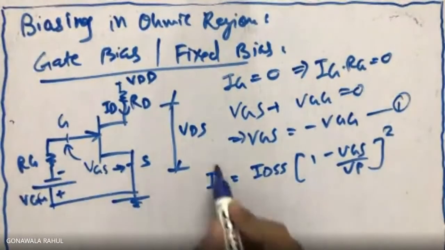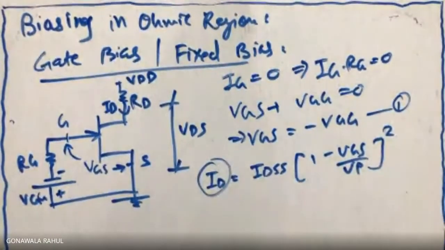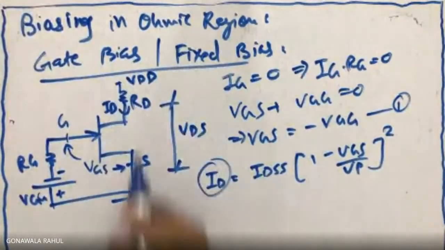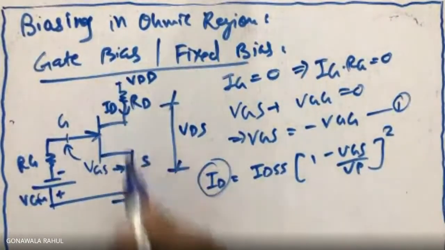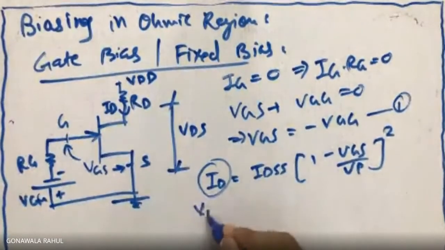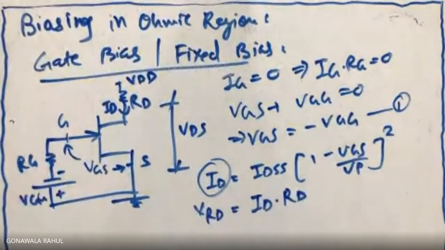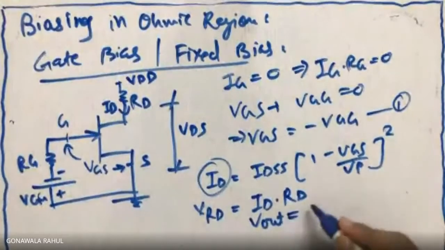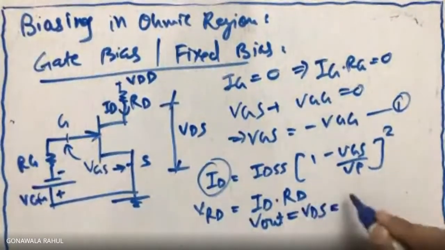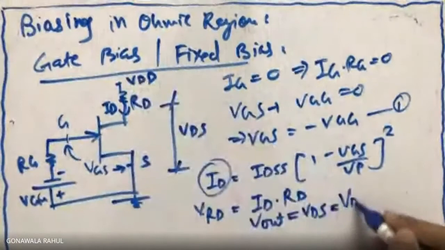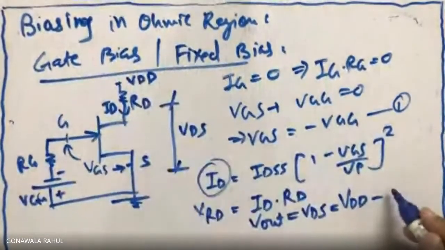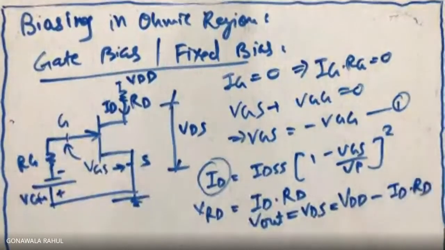Now this current ID causes a voltage drop across RD. There is current ID flowing, so there will be a voltage drop across RD. Let's say the voltage drop across the RD resistor is ID into RD, and hence Vout is equal to VDS is equal to VDD minus VRD, and that is nothing but ID into RD.